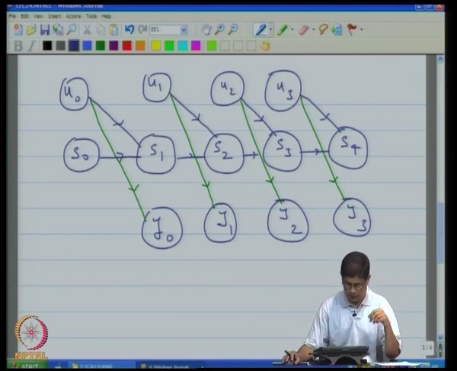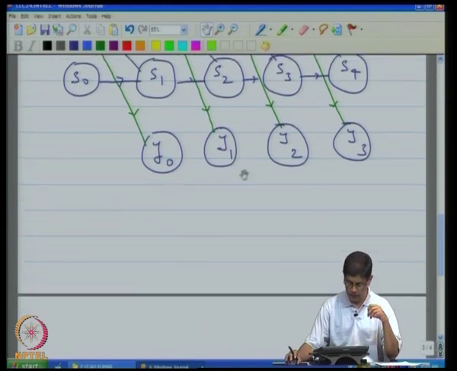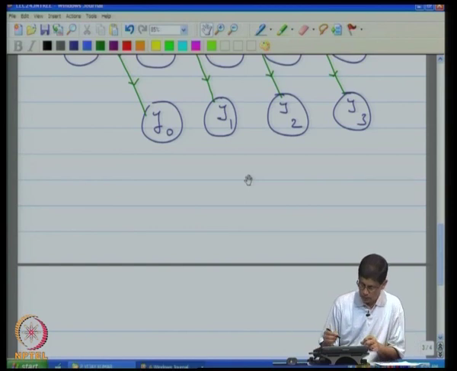So, if you think about the joint probability function of all of these variables, then this graph is actually telling you how it will factor. It will factor according to the product of PU0, PU1, PU2, PU3, PS0 and then PS1 given U0 and S0, because there are arrows leading into it, P of Y0 given U0 S0, P of S2 given U1 S1 and so on. Okay. So, this graph suggests how you would factor the probability mass function.